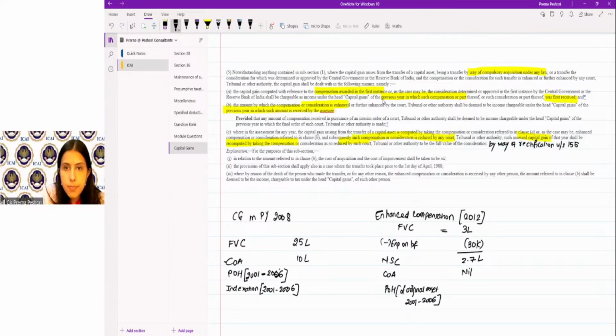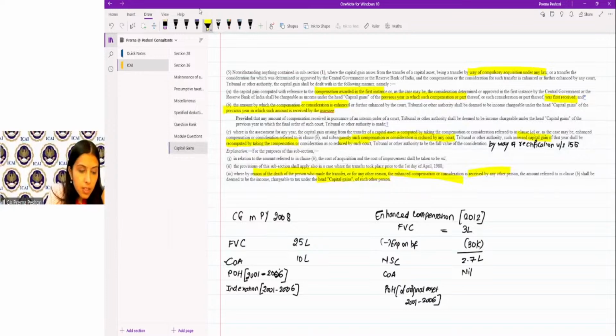Are we clear? Where there is a death of the person whose land was acquired, the enhanced compensation, if it is now received by any other person, then in that case, it will be deemed to be the income of the other person. So, chargeable in the hands of the other person.